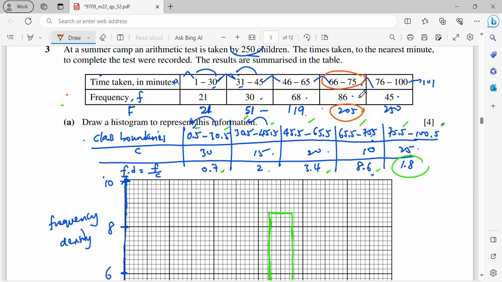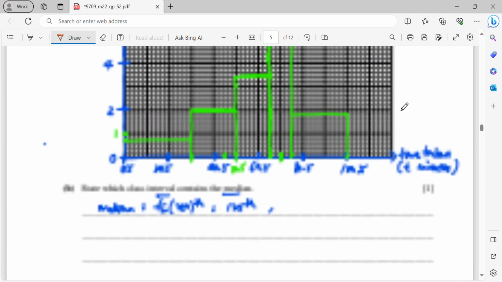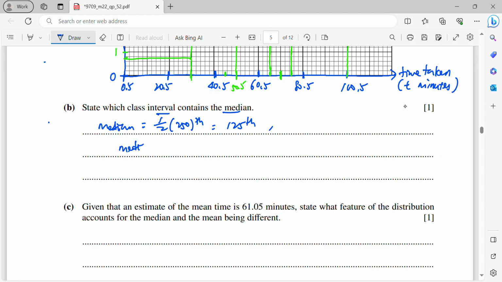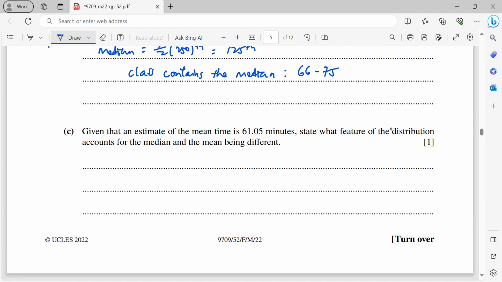Therefore, my median class is 66 to 75. So the class containing the median is 66 to 75.